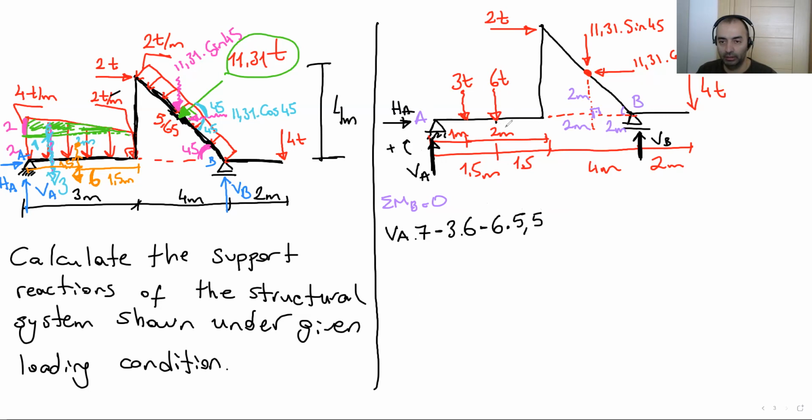Any load here? I'm following the beam. Yes, at the top, we have a horizontal load, a point load. So this rotates the system in this direction. Is it positive or negative?